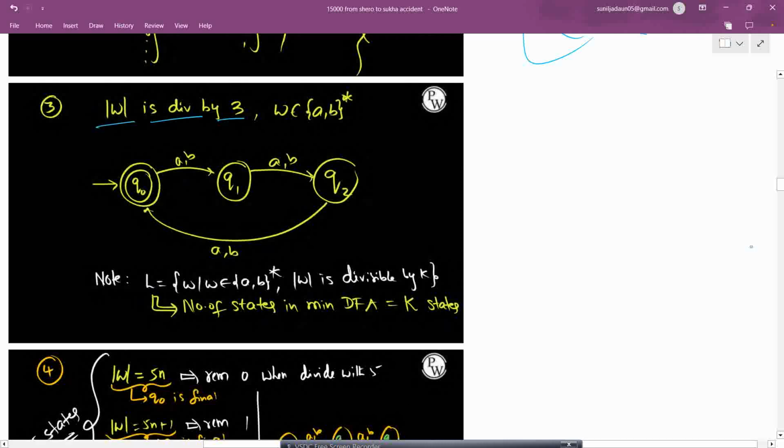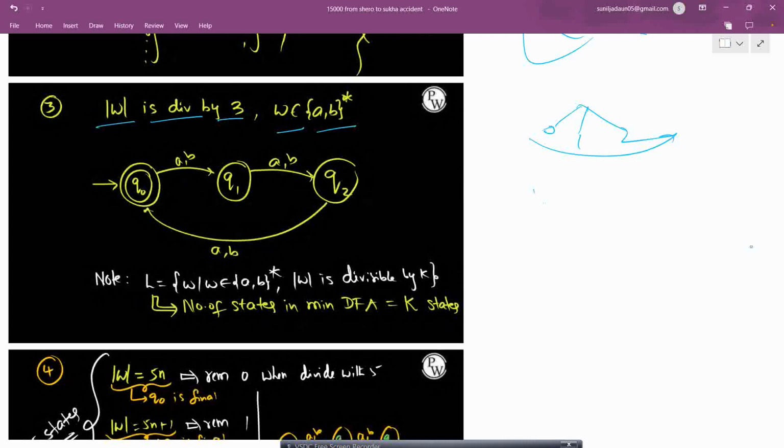W is divisible by 3, W belongs to (a,b)*, alright? So how can we do that? Divisible by 3, so what are the remainders? 0, 1 and 2, alright? These are the remainders. So there could be three states possible.